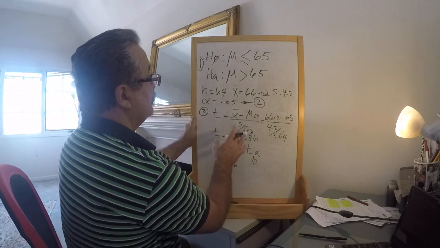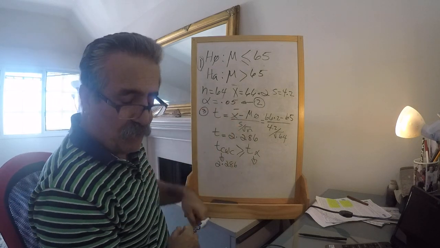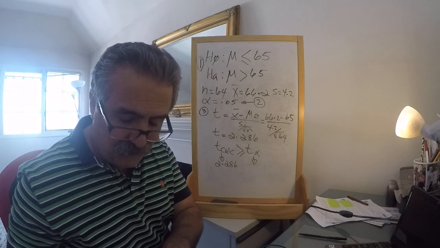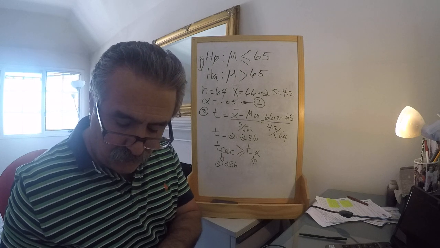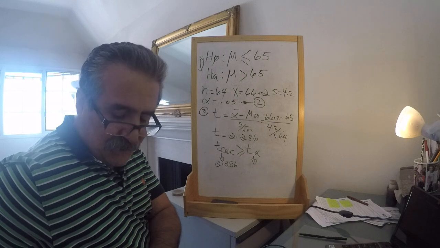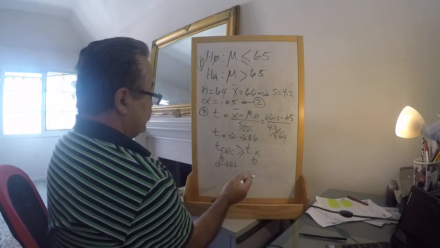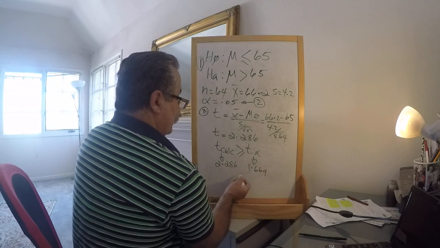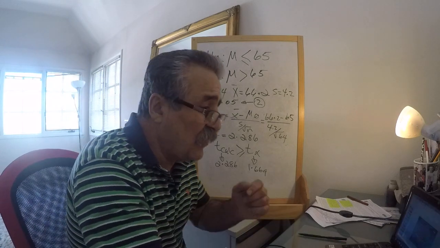We have to go and locate column 0.05 across from 63. Across from 63, column 0.05, t of the given alpha is 1.669. So this is 1.669. Therefore, this is greater than this. We go ahead and reject the H0.